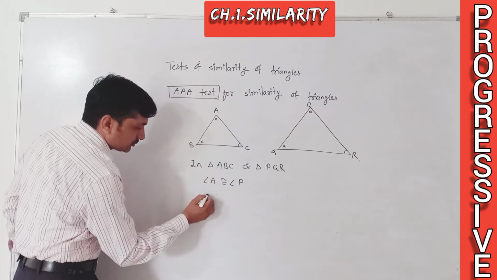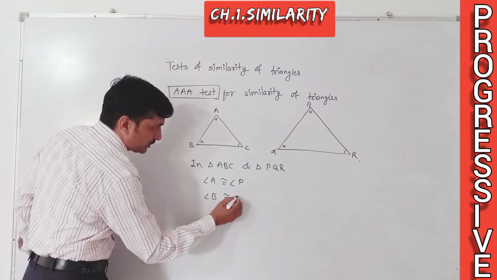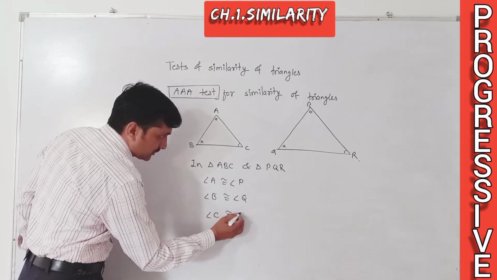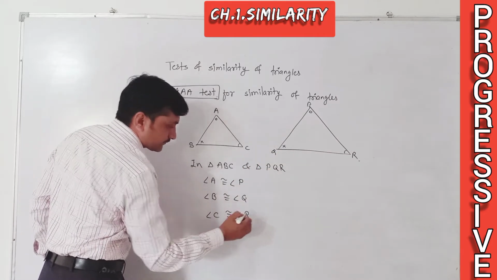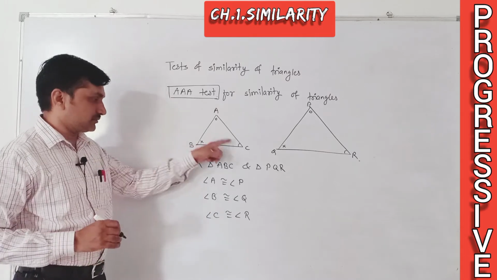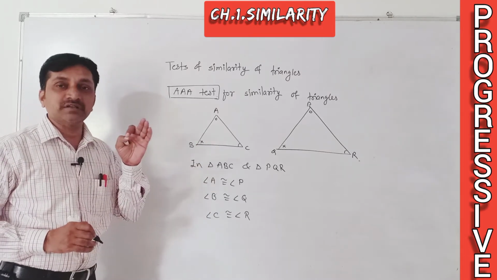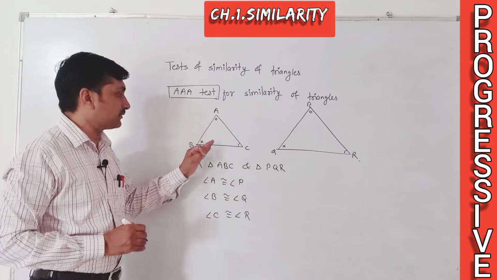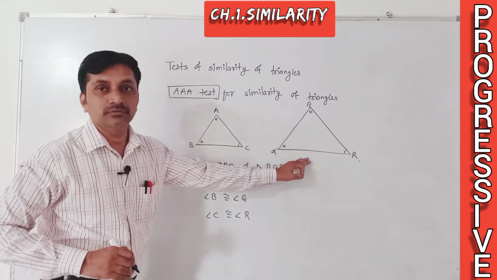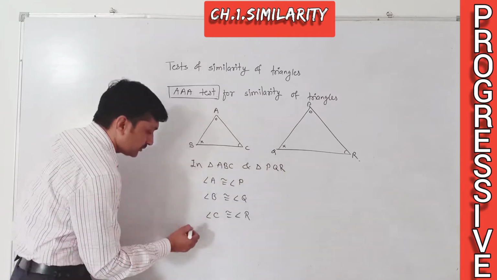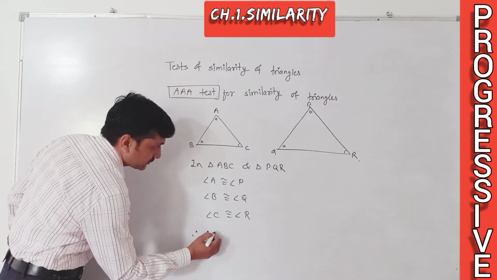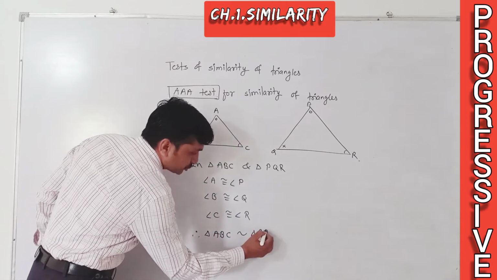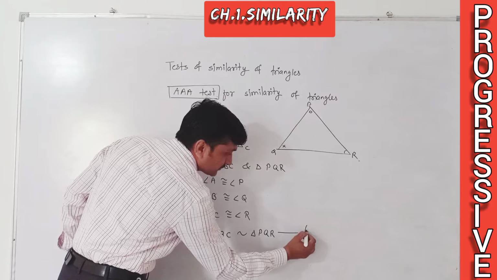Second, angle B is congruent with angle Q, angle C is congruent with angle R. How many angles are congruent? Three. All three corresponding angles are congruent with each other. Therefore, these two triangles are similar. Therefore, we can write triangle ABC is similar to triangle PQR by which test?